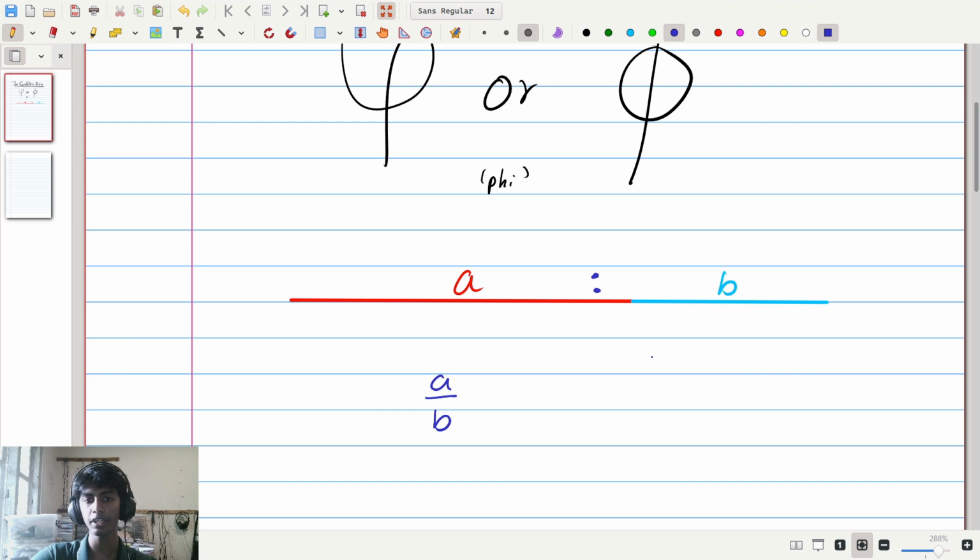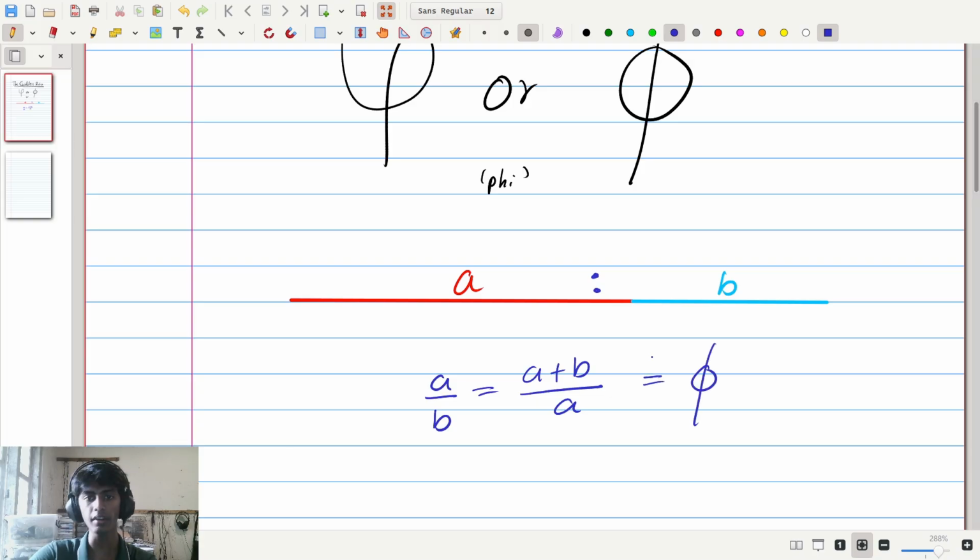When this ratio of A, the longer side, to B, the shorter side, is equal to the ratio of the total length of the line segment to the longer side A, i.e. A plus B divided by A, then this ratio is going to be equal to the golden ratio.